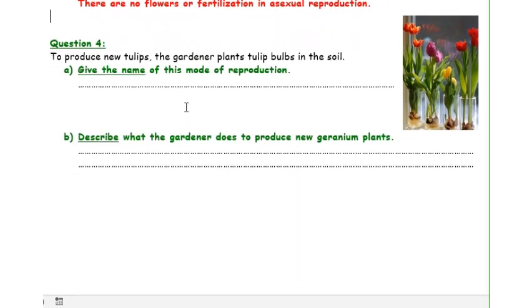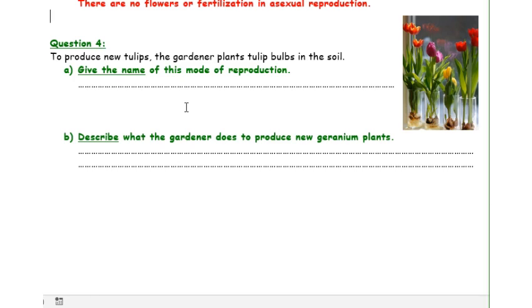Last question now. Question number 4. To produce new tulips, the gardener plants tulip bulbs in the soil. So what do we call this mode of reproduction? When we get new plants out of the part of the mother plant.